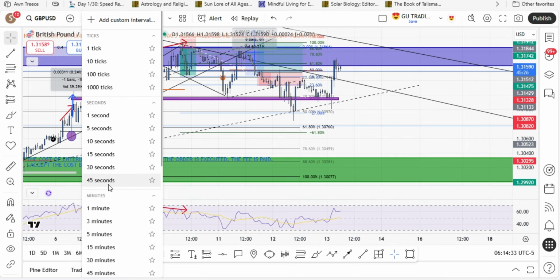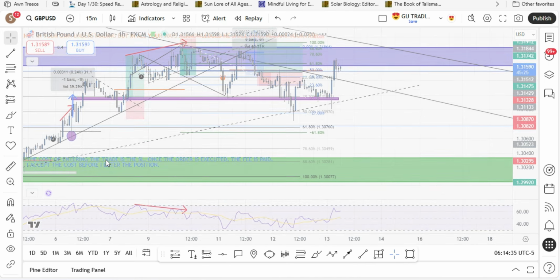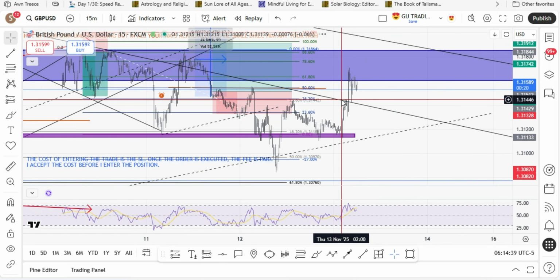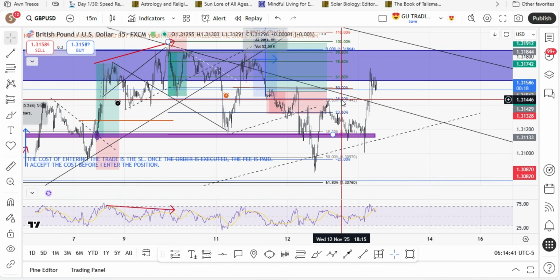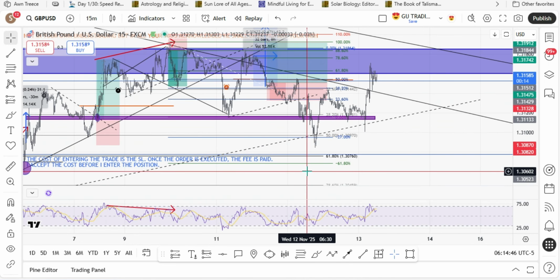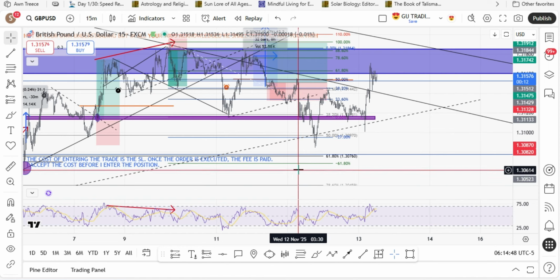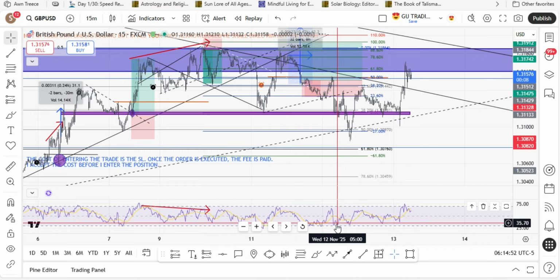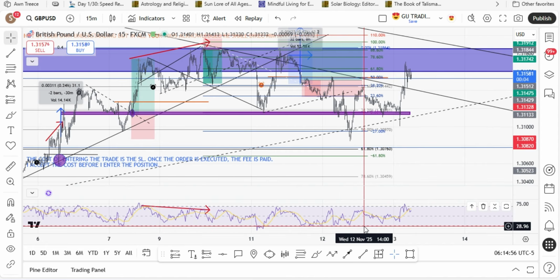All right, so with the 15 minutes, there's a little divergence here. Looks like that was, is that really?